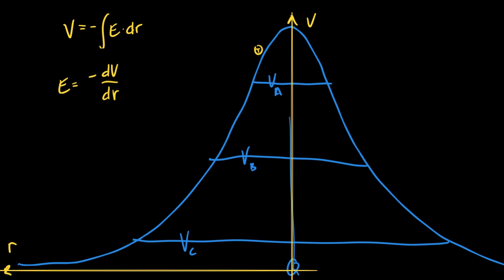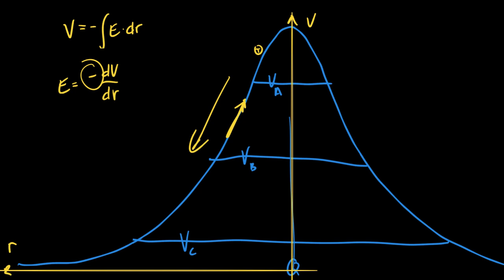The slope of this graph is the direction of the electric field. But more than that, the electric field points in the opposite direction of that slope. So where this is a positive slope, the electric field must point that way.